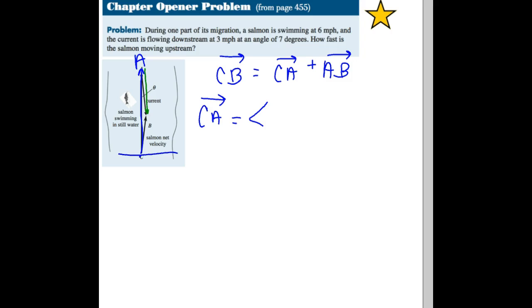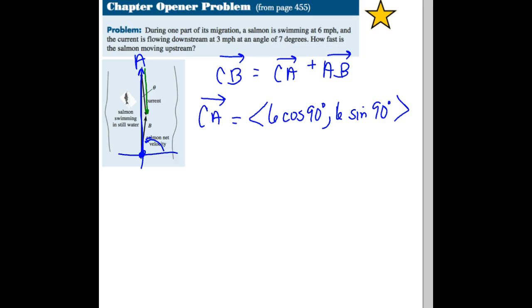So if we picture our origin being here, its direction angle is 90. So its components would be the magnitude times the cosine of 90 and the magnitude times the sine of 90. What's the magnitude of that one? 6. The speed of the salmon in still water was 6. So we have 6 cosine 90 and then 6 sine 90.